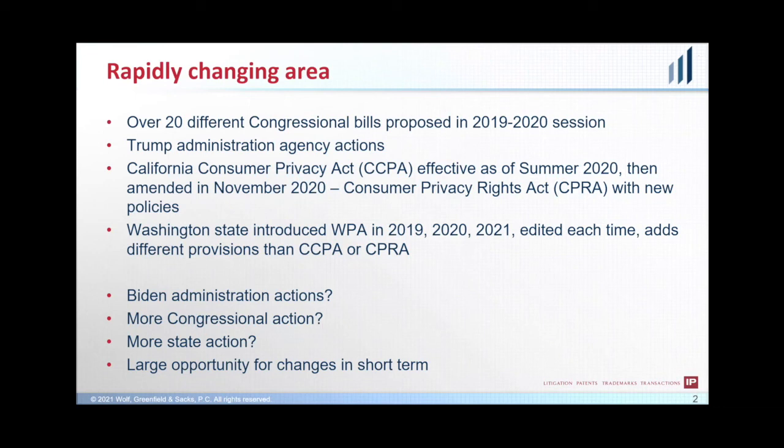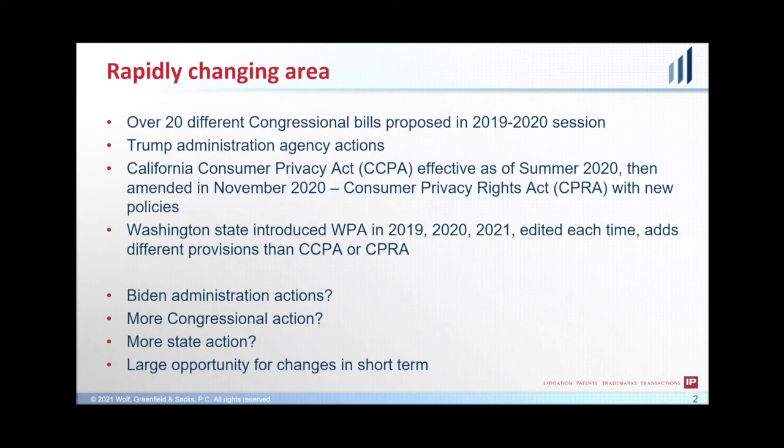State by state within the US, there are different laws that take effect. We saw a big change in 2020 with the California law coming on board. But then even that, in this theme of a rapidly changing area, even that then evolved in November. So there was a big push across the industry to get up to speed on the CCPA, and then that was changed in November and became the CPRA with even more terms added.